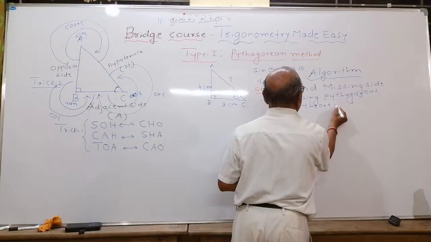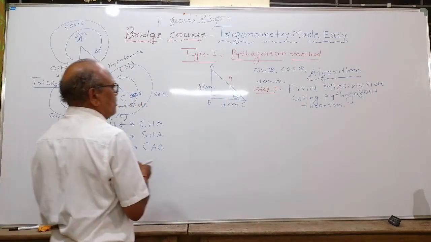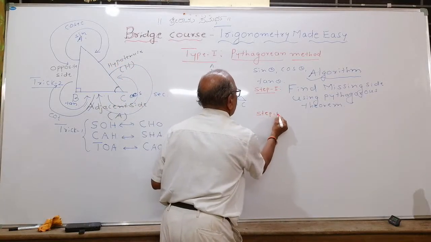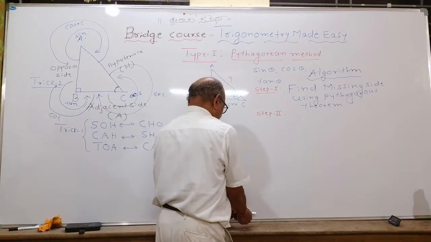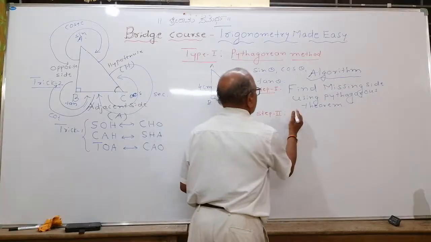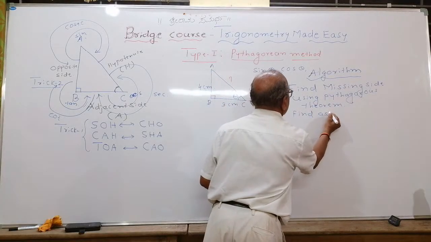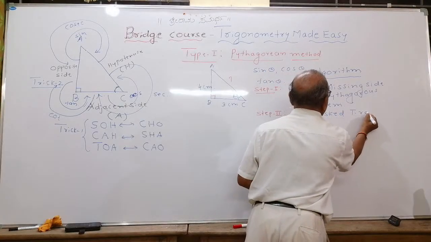Once you get all the three sides, the second step is to find the asked trigonometric ratio. That is the trick.